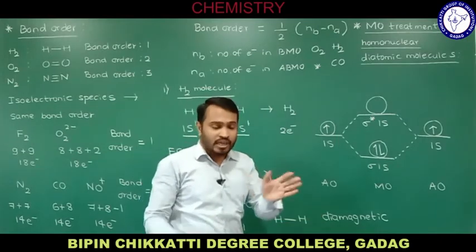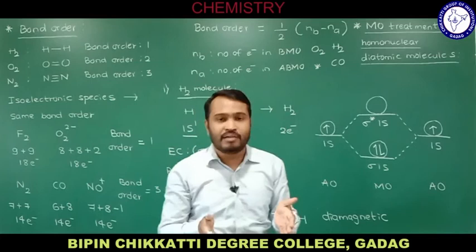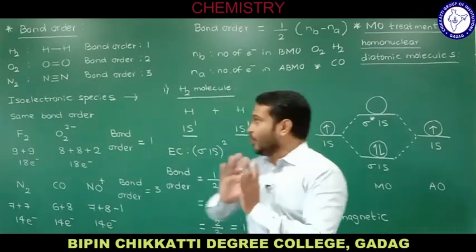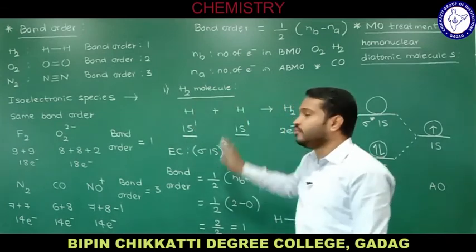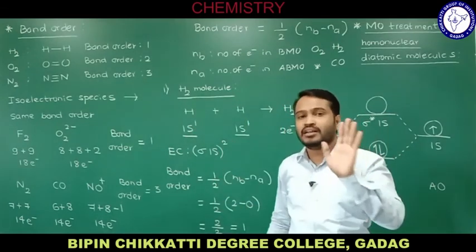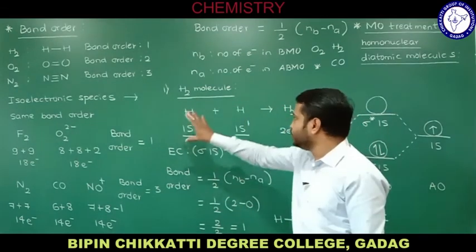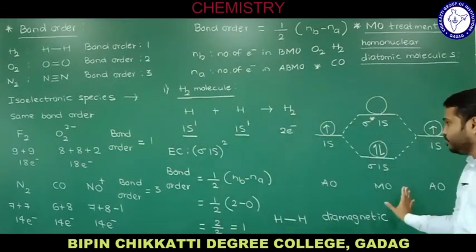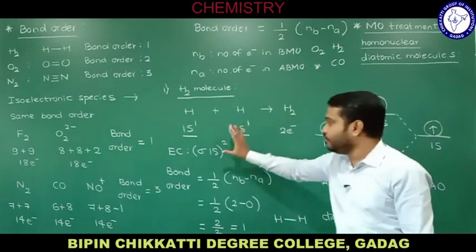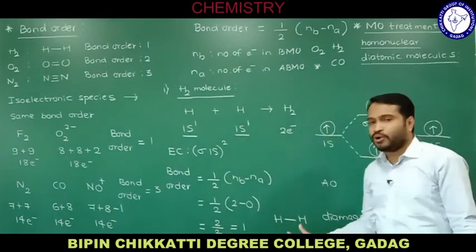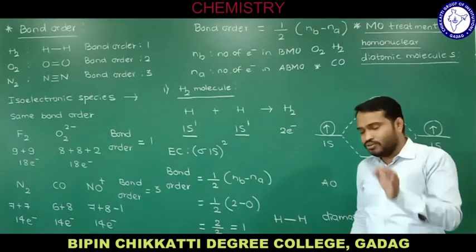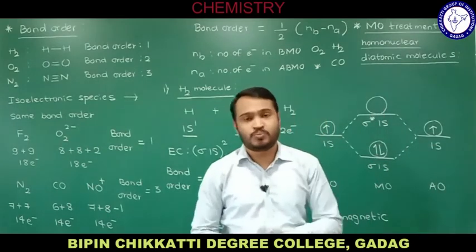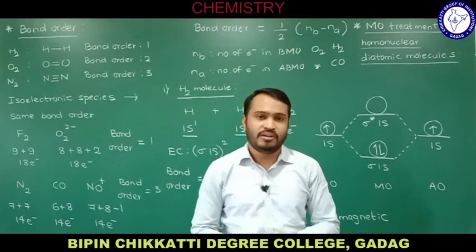This is how the concept of energy level diagram and bond order are used to explain the hydrogen molecule according to molecular orbital theory. First we need to consider how many electrons we have, later we draw the molecular orbital structure, then the electronic configuration, bond order, and the property associated with that. This is the one very simple example I considered, that of the hydrogen molecule, to explain molecular orbital theory.